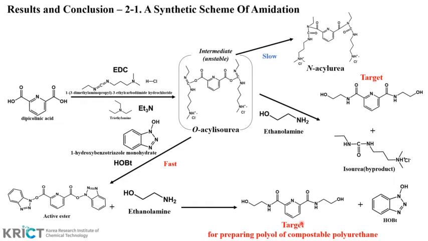The predicted target material has two amide bonds on the functional side, and the isourea byproduct is extremely water-soluble and can be eliminated by an aqueous workup. This synthetic process is for making a polyol of compostable polyamide urethane.